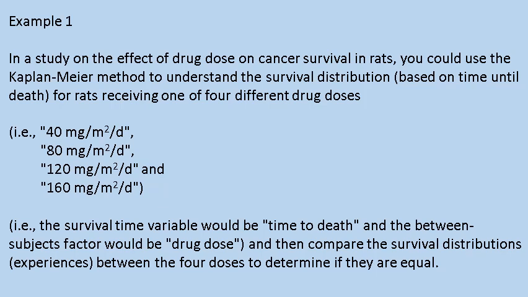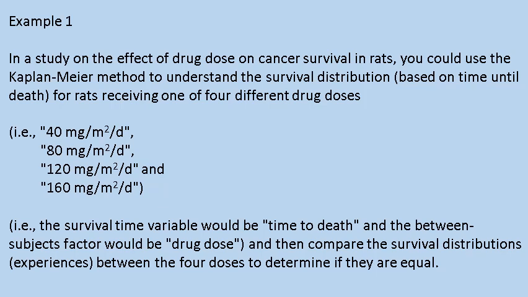The 4 doses are 40 mg per square meter per day, 80 mg per square meter per day, 120 mg per square meter per day, and 160 mg per square meter per day. Rats are classified into 4 groups, and each group was getting one of these dosages.